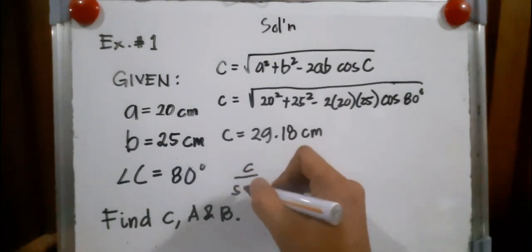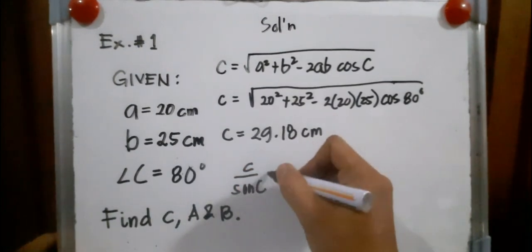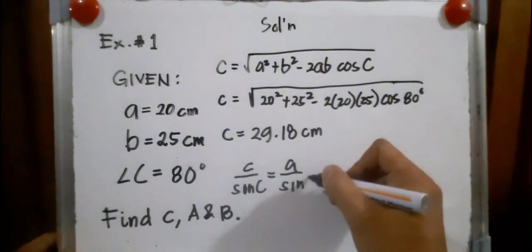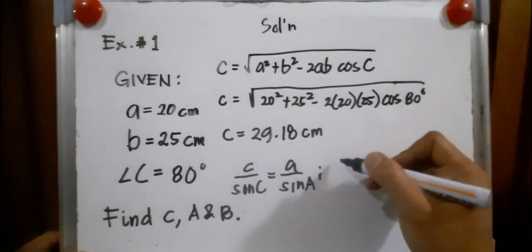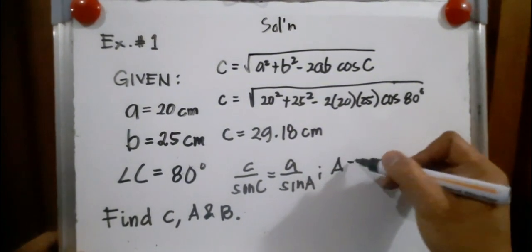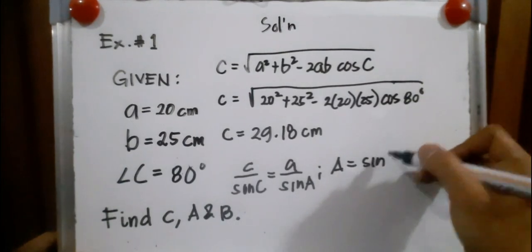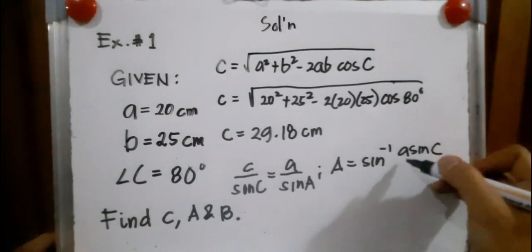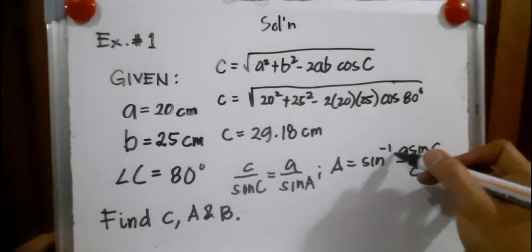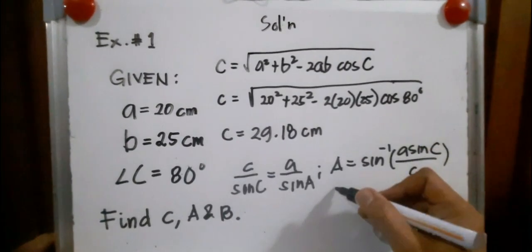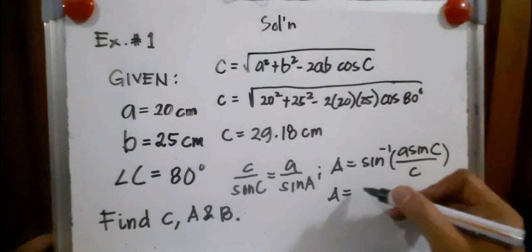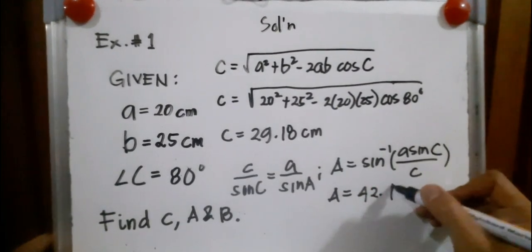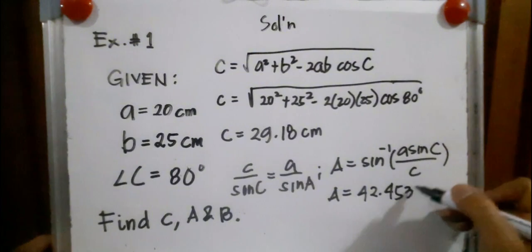Now that we have side c equal to 29.18 centimeters, we may use the sine law. c over sine of C is equal to a over sine of A. From this, we have angle A equal to the sine inverse of a sine C divided by side c. And we will be obtaining A equal to 42.453 degrees.